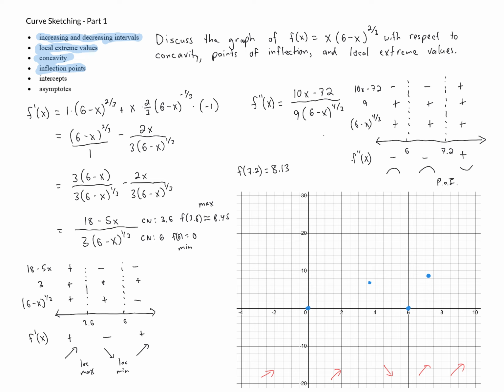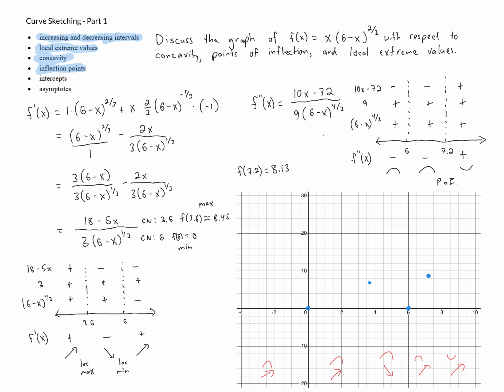And then for the concavity, it's concave down all the way on the left of 7.2 and then concave up to the right. So it's concave downward over here, and then downward between 6 and 7.2, but then it's concave upward there.